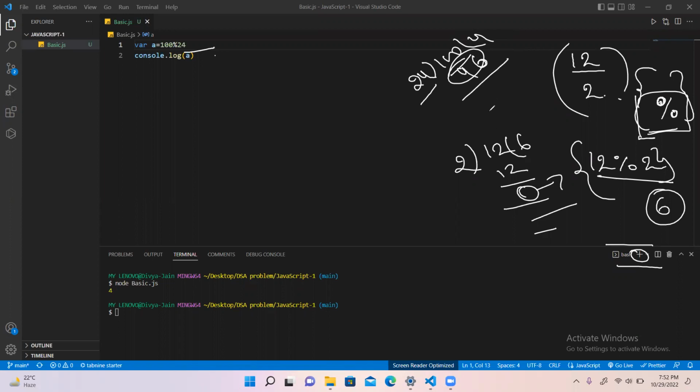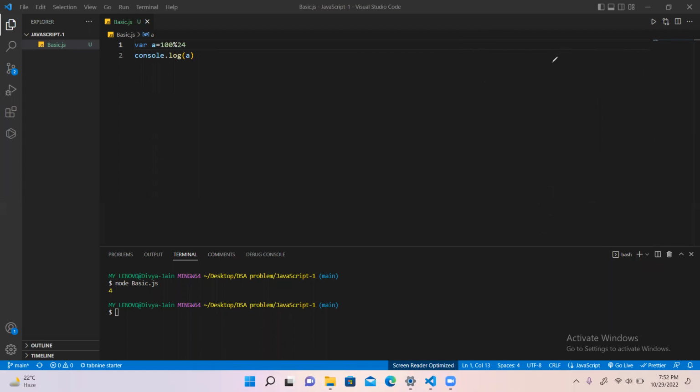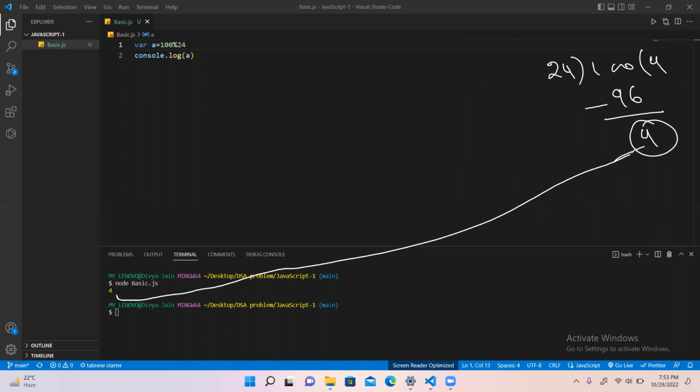When you divide this, wait, let me just clear this. So 24 and 100. 24 fours are 96, and when you subtract this value, 100 minus 96, that is 4. So that is the remainder.